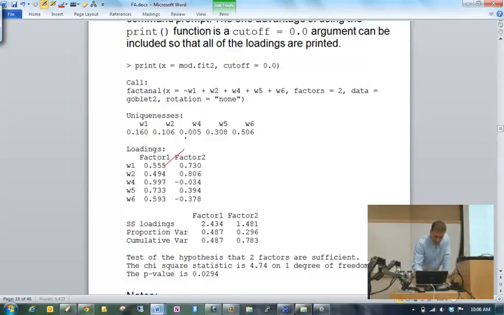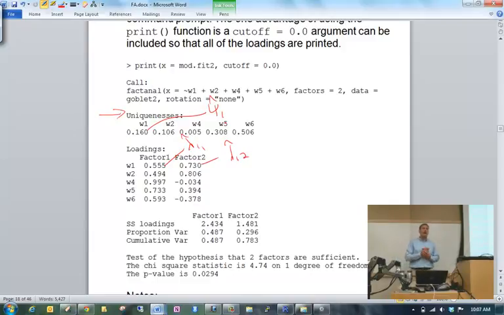So here we have lambda 1,1 hat, lambda 1,2 hat, and so on. We also have some stuff under the heading uniqueness. Remember that word that we saw earlier. This corresponds to the estimated specific variances. So psi 1 hat is 0.16.